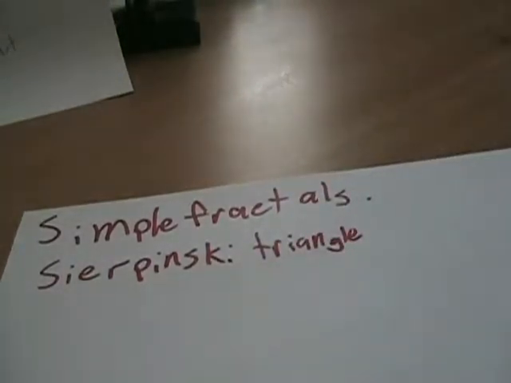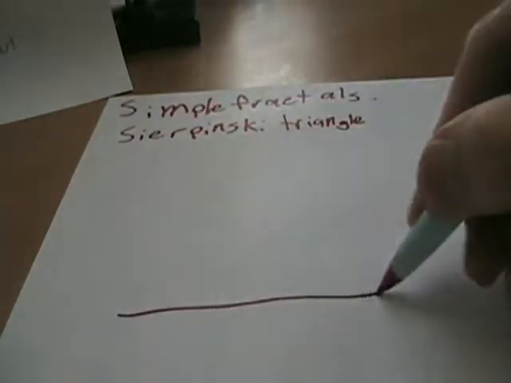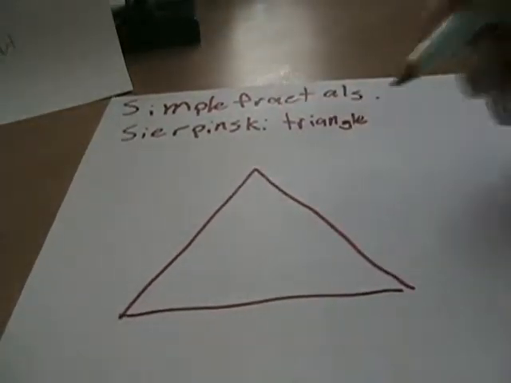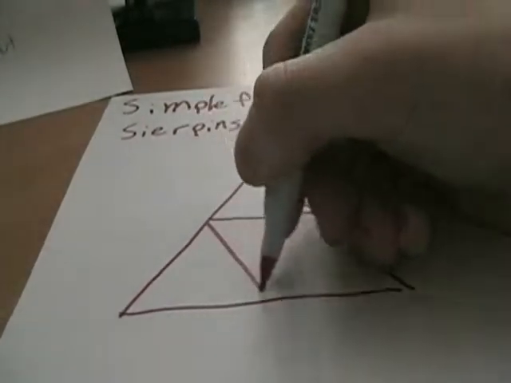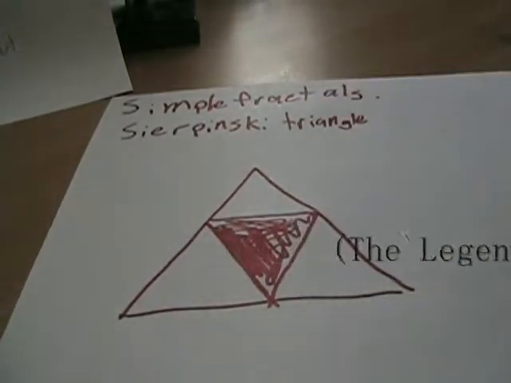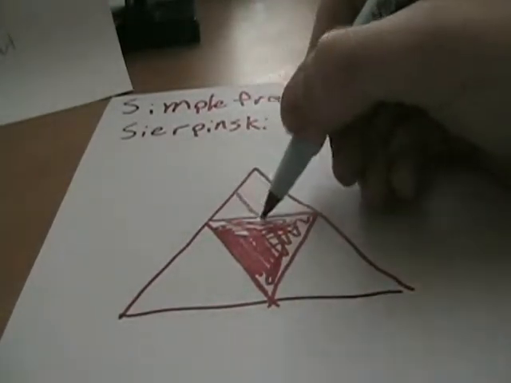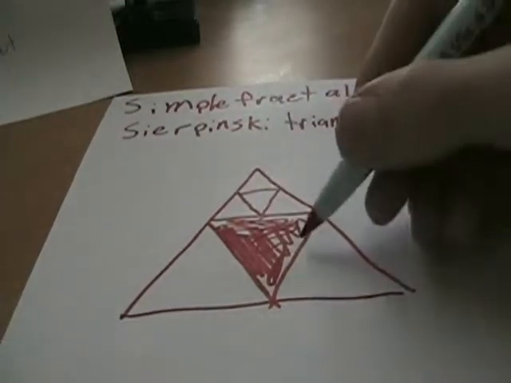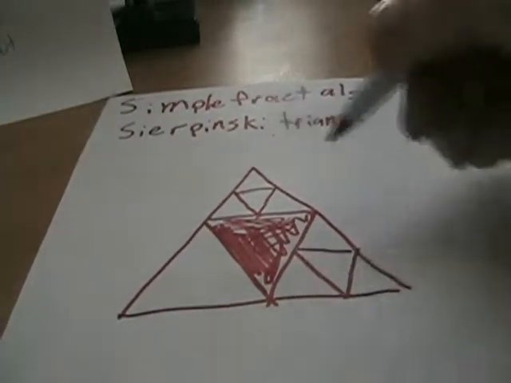The Sierpinski triangle starts out with an equilateral triangle and another one inside it, creating the common recurring symbol in a popular video game series. Next, we repeat the same process in each of the other little triangles.